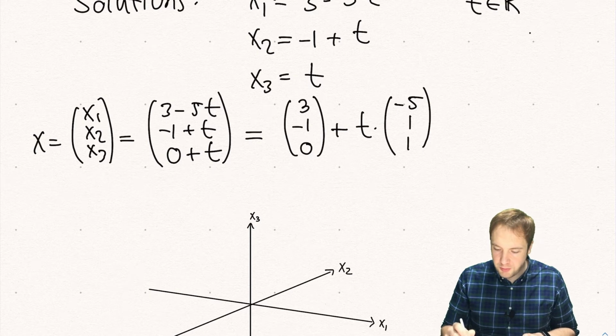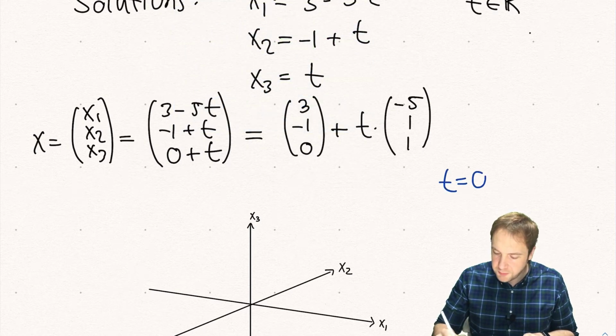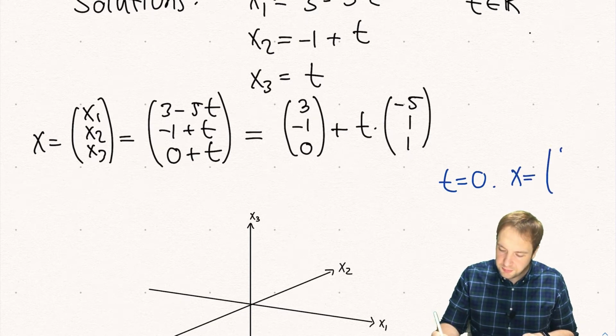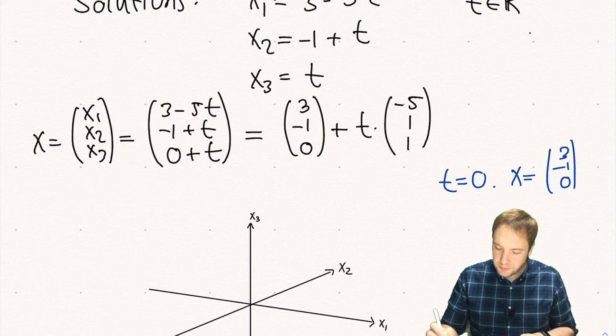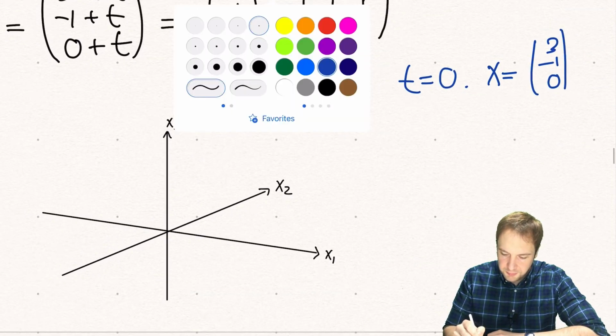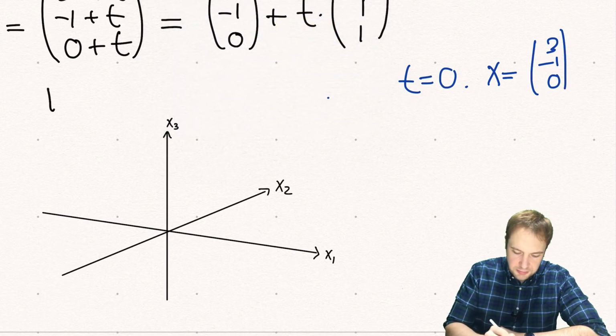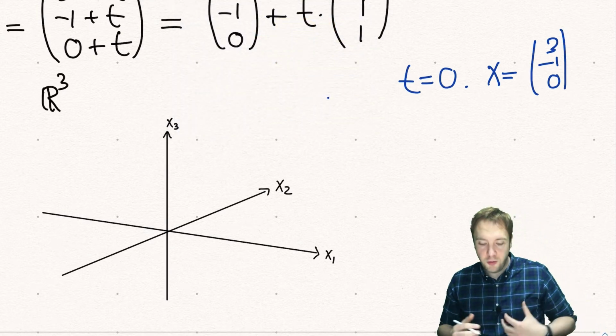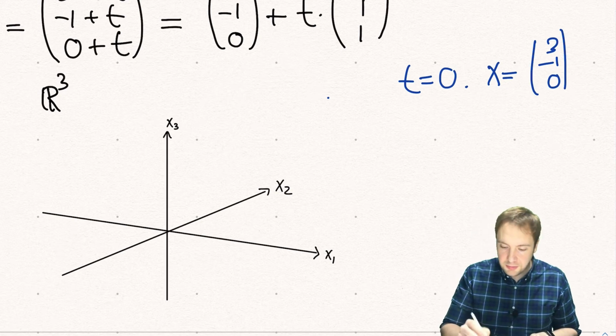For example, we can now plug in different t's. Let's say t equals 0, then this x is just 3, minus 1, 0. So here in this three-dimensional space, this is now R3, and we want to plot all possible solutions in R3.